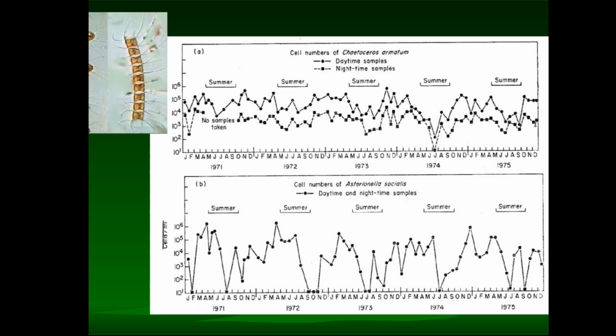Phytoplankton, they're common during surf conditions on the beach. So Chaetoceros and Asterionella, for example, count those numbers in the microscope and keep track of the fluctuations in those sample numbers over time.